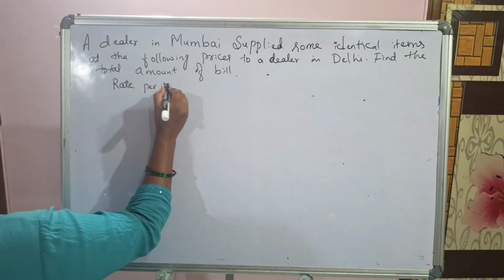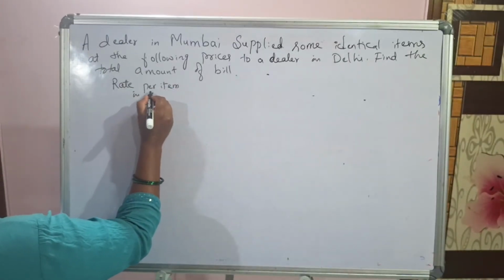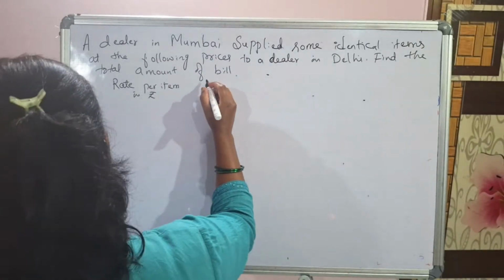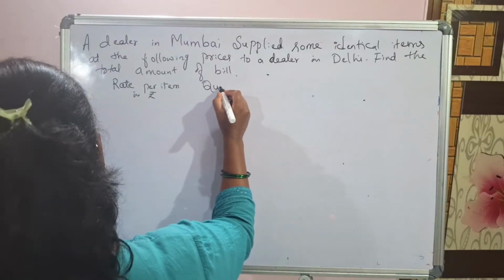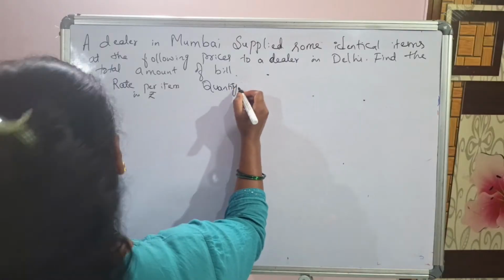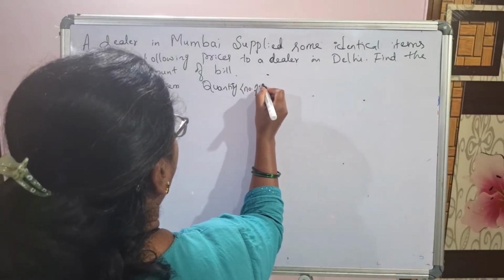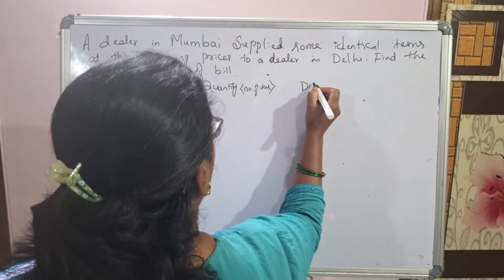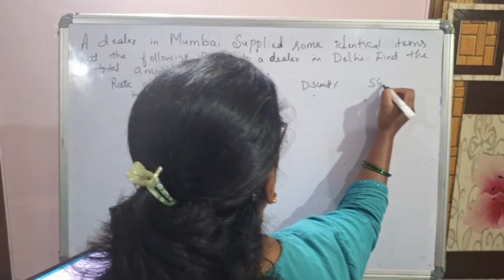The table has: rate per item in rupees, quantity (number of items), discount percent, and SGST.